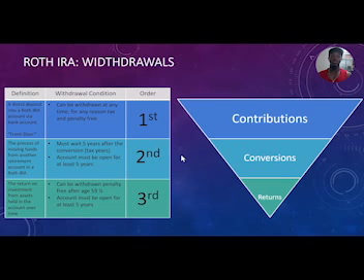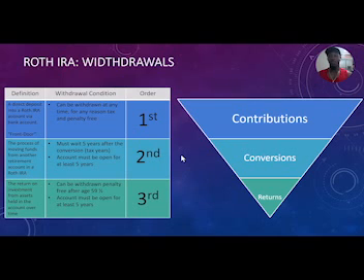Your contributions would exit the account first. That's how the IRS designates it. That's how it's treated. Then after all of your contributions are gone, you'll dig into the conversions as you pull out more. Then after all your conversions are gone, you'll start to dig into the earnings. So not only do these different types show you under what circumstances you can pull the money out, but they also tell you in what order the money will be pulled out when you make a withdrawal.